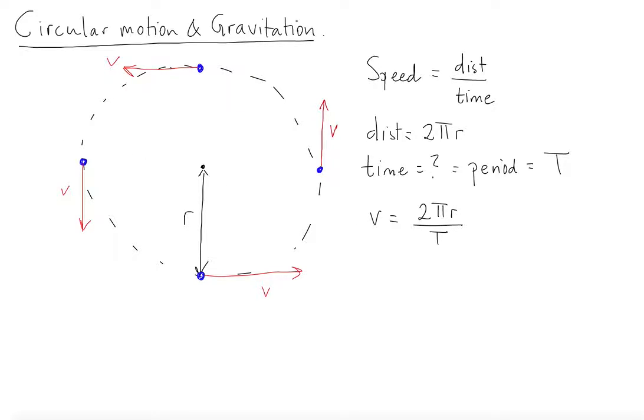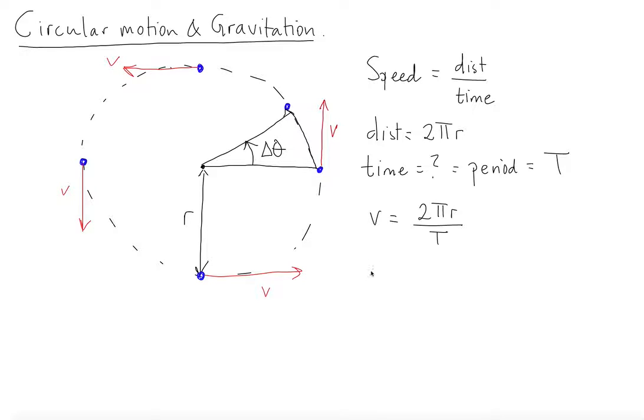Now we can also choose to define an angle, because as the particle travels round the circle, it's sweeping out an angle delta theta. So as it goes from here to here, the angle that's being swept is equal to delta theta. Theta is the symbol for the angle, and delta means a change in.